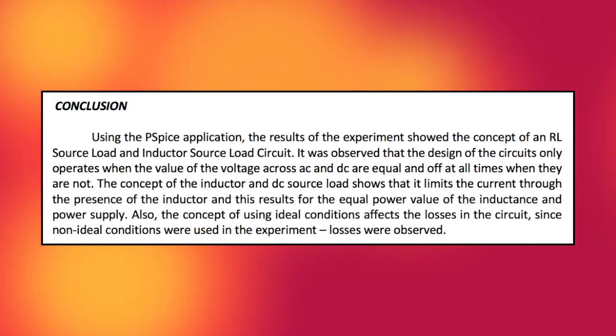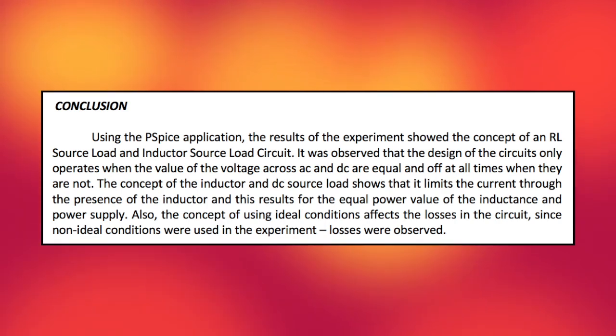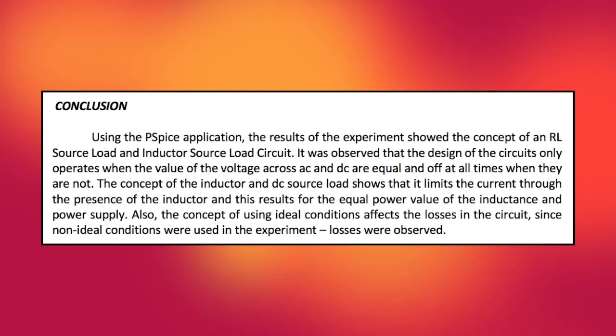The concept of the inductor and DC source load shows that it limits the current through the presence of the inductor, and this results in equal power of the inductance and power supply. Also, the concept of using ideal conditions affects the losses in the circuit. Since non-ideal conditions were used in the experiment, losses were observed.